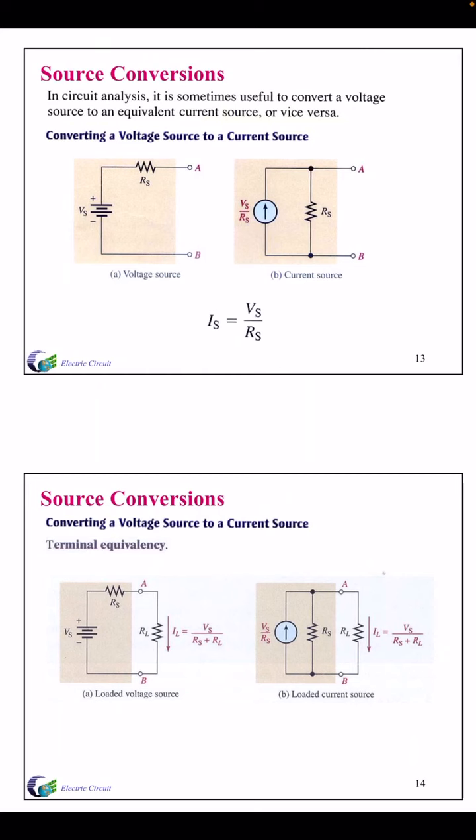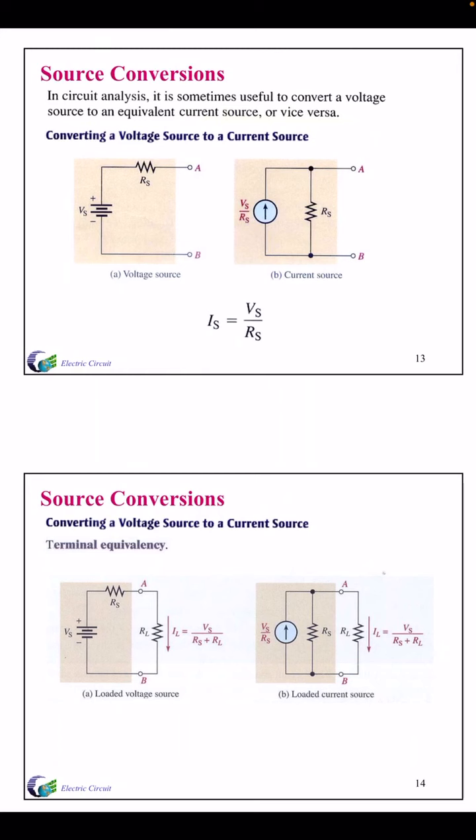Sometimes it is very important in electronics to convert one type of source into another type of source, like voltage source to current source and current source to voltage source. So let us see how we can convert one type of source into another.